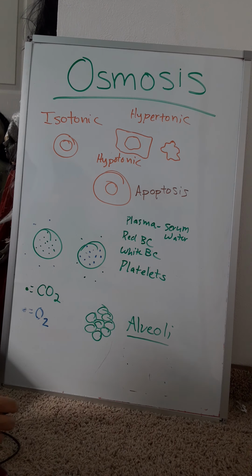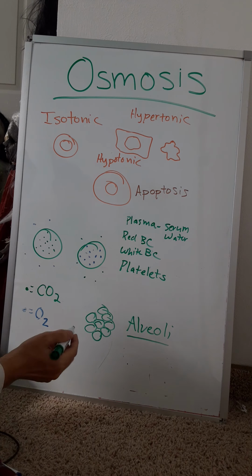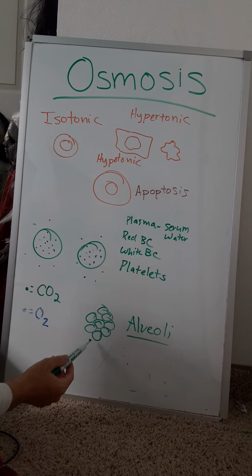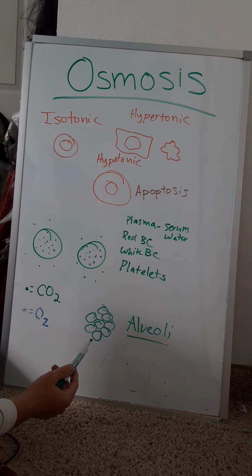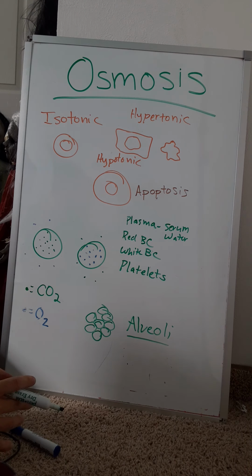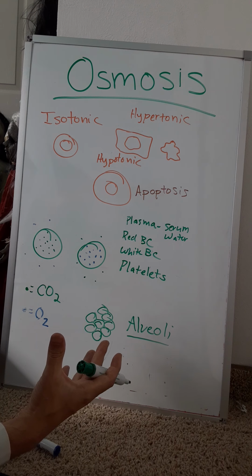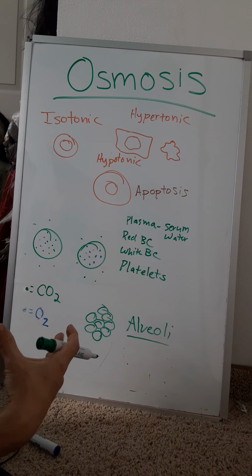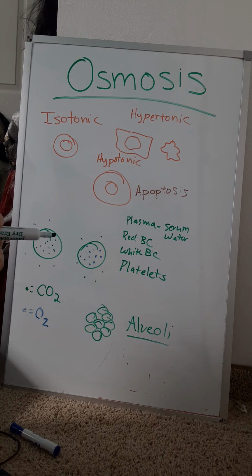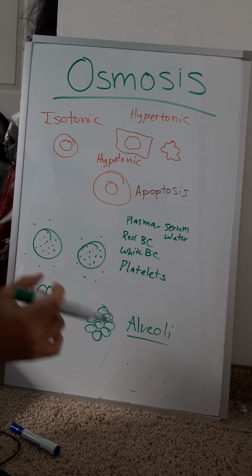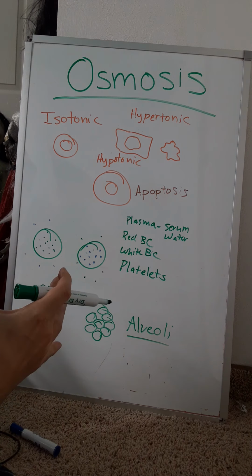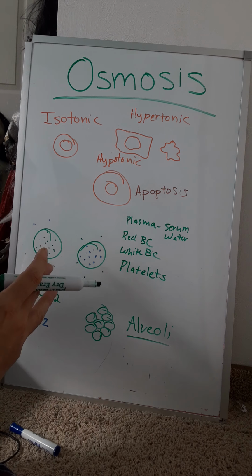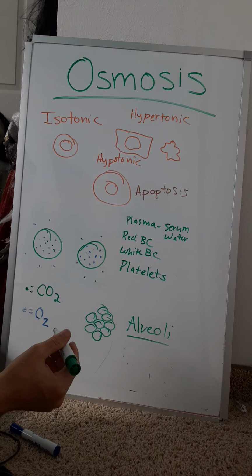So the red blood cells, I'm not going to draw because it will get in the way too much, but these little sacs in the alveoli are surrounded by the capillaries, which are at the very, very end of the routes of your blood. It's the tiniest part, and that's where the exchange is occurring, between the blood in the capillaries and the little sacs in the alveoli.